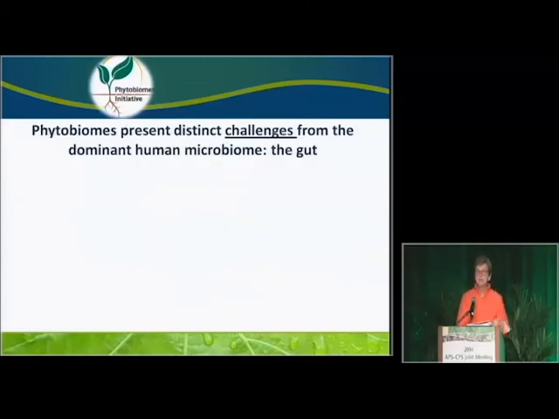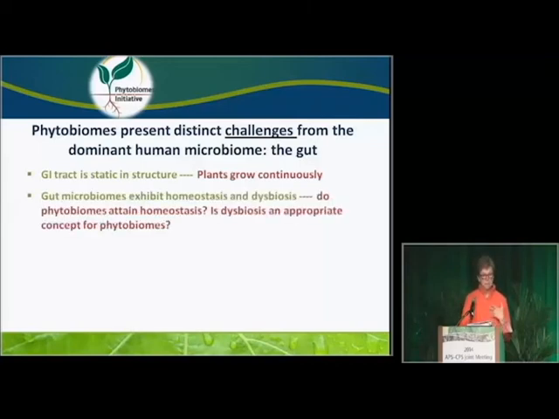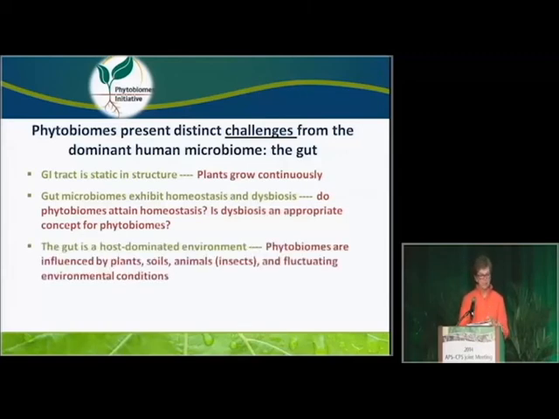But the phytobiomes, of course, present unique challenges that we haven't seen in the human microbiome. For example, the GI tract is very static in structure, whereas plants grow continuously. The gut microbiomes exhibit homeostasis and dysbiosis, but we don't know if the phytobiomes attain a homeostasis, or if dysbiosis is even an appropriate term for the phytobiome.